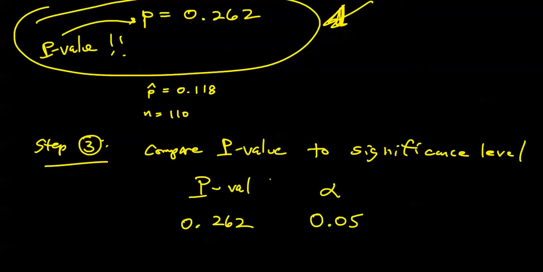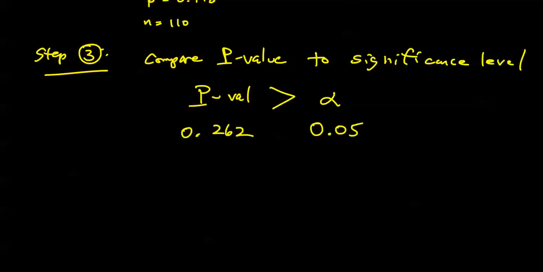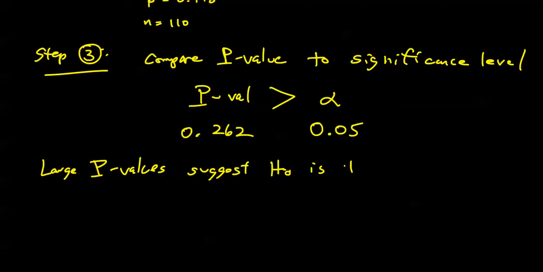And I'll claim that the p-value is greater than alpha, and in that case I will fail to reject H0. Let me show you why. Large p-values suggest H0 is true.